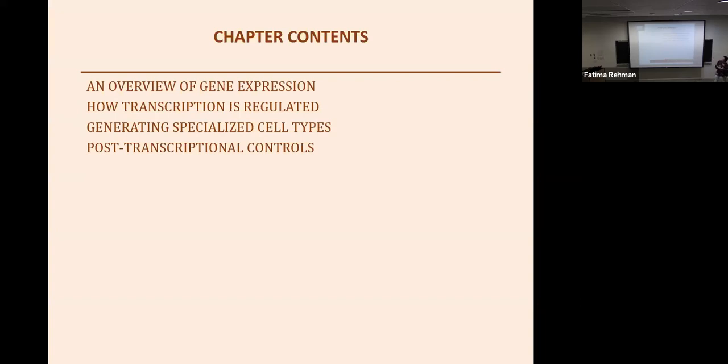Towards the end, we're going to talk about how all this helps us develop specialized cells for each function. First, with transcription regulation alone, how it helps us, and then later on we'll come back to it again after we do post-transcriptional controls and talk about how other parts of our systems are regulating this as well.